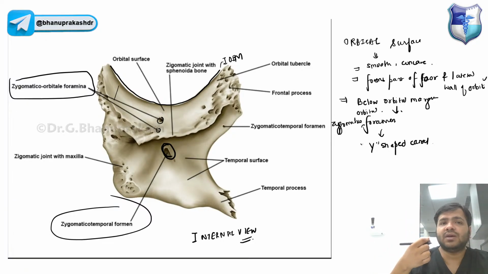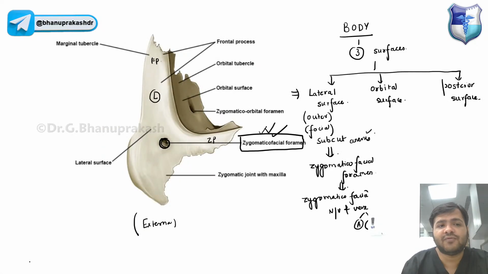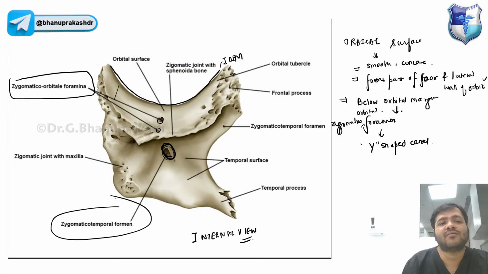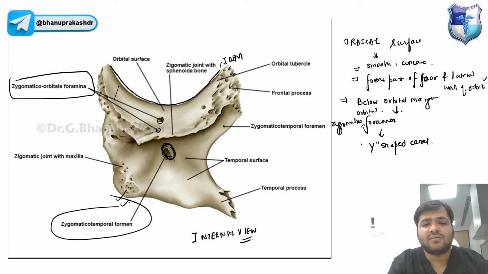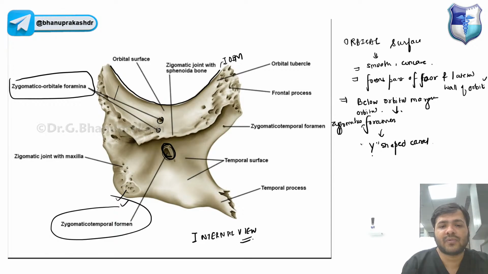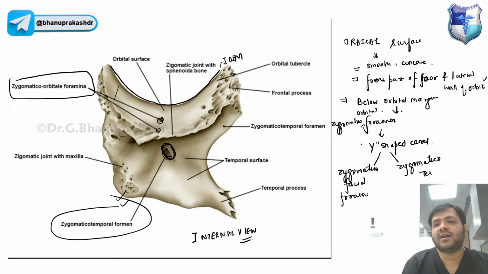Basically beta, it is like a canal. One limb opens towards the front, that is called the zygomatico-facial foramen, and one opens onto the posterior surface, that is called the zygomatico-temporal foramen. So we have the zygomatico-facial foramen that we have already discussed, and the zygomatico-temporal foramen, which allows the passage of the zygomatico-temporal vessels and nerve.